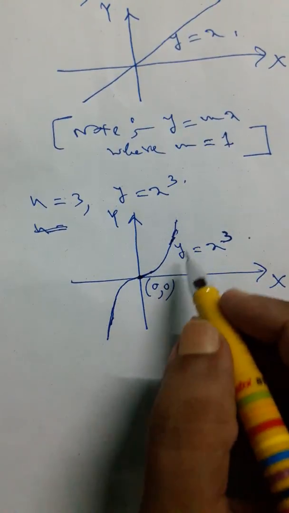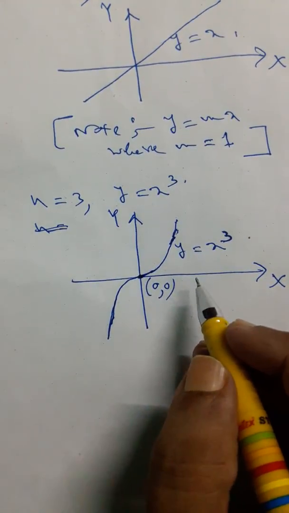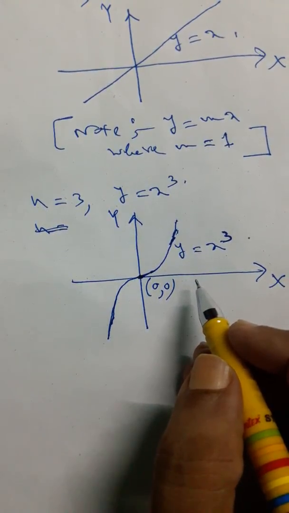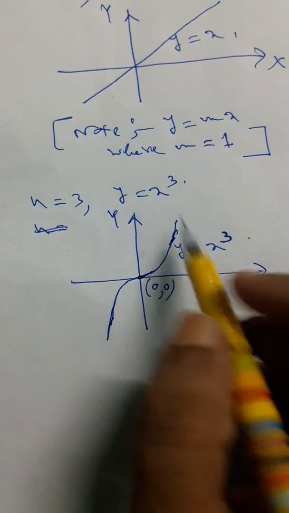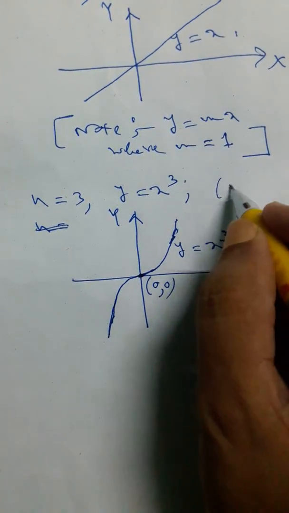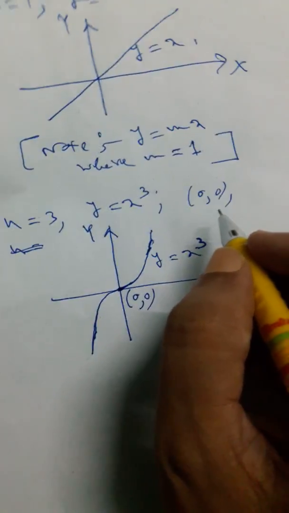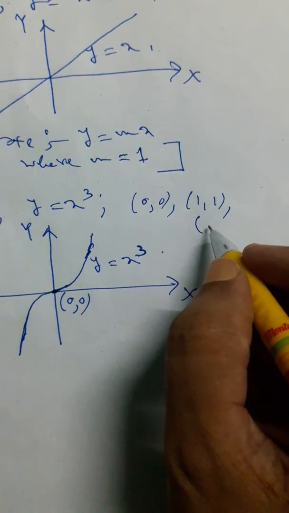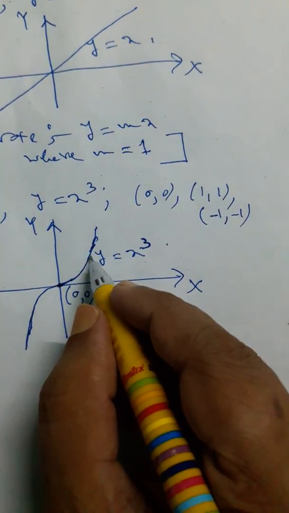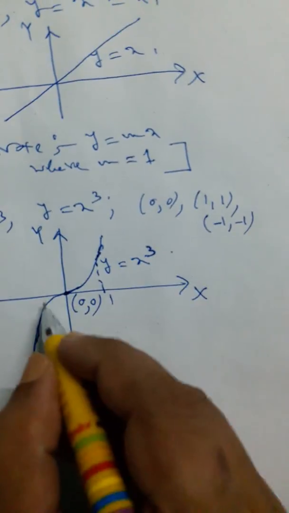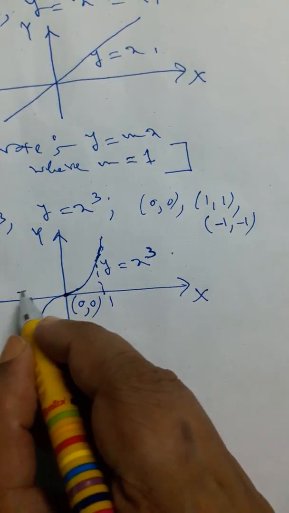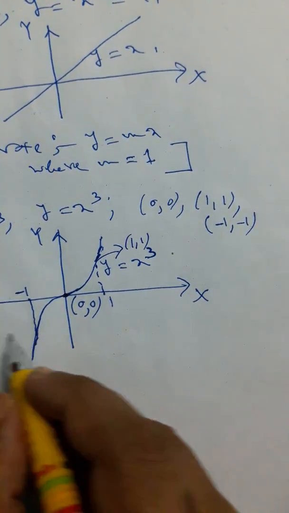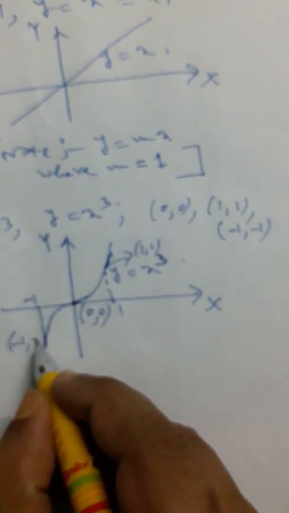The points (0, 0), (1, 1) and (minus 1, minus 1) satisfy the curve y equals x cube. So if we mark 1 here and minus 1 here, we find this point as (1, 1) and this point as (minus 1, minus 1).